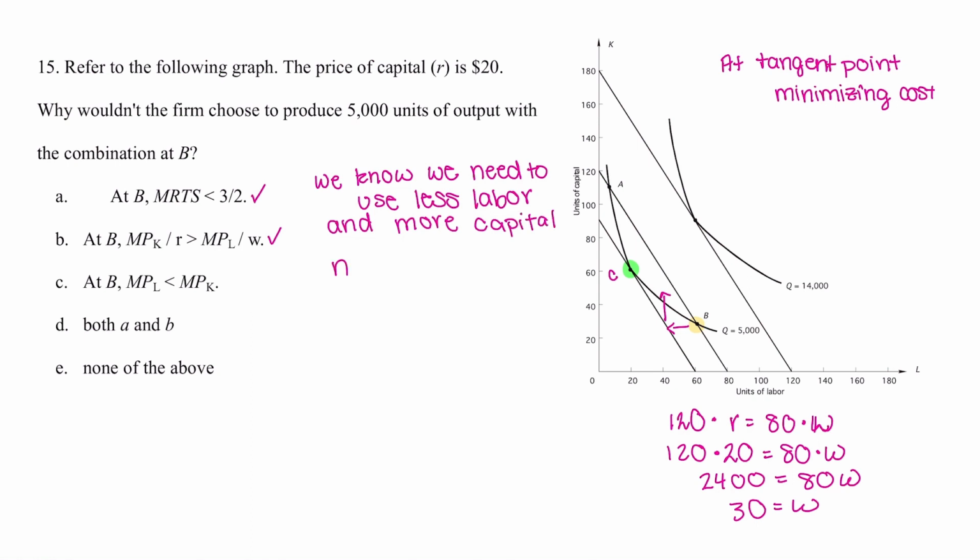Which means that our marginal product of labor over our marginal product of capital has to be less than our wage ratio, which is 3/2.